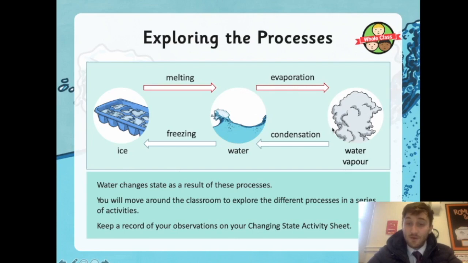However, if it is water vapor and it is below 0 degrees Celsius, the water vapor will condense, or condensation, into our liquid. And then if it's still below 0 degrees Celsius, it will then freeze into ice. So water changes state as a result of these processes.